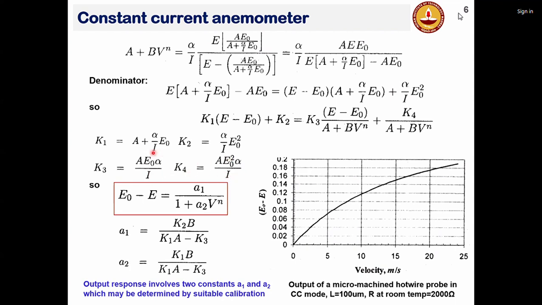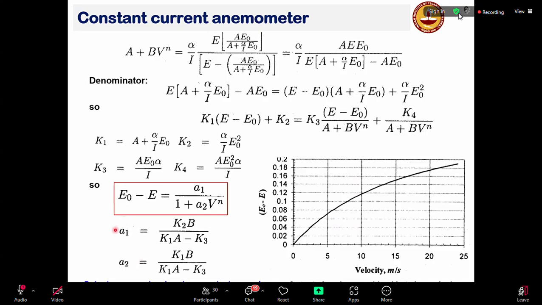It's a constant current anemometer. I is kept constant. E naught is the voltage at zero velocity. A is anyway a constant. So for these known parameters, you can evaluate K1, K2, K3, K4, and so you can know A1, A2. So you actually have the response.